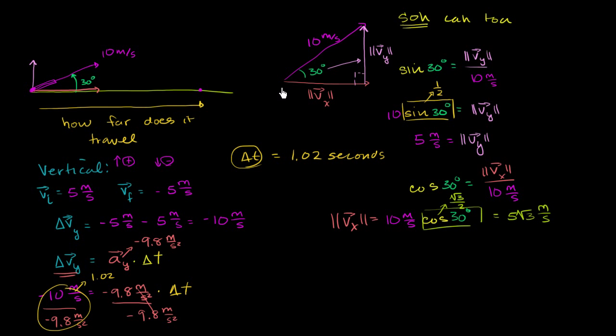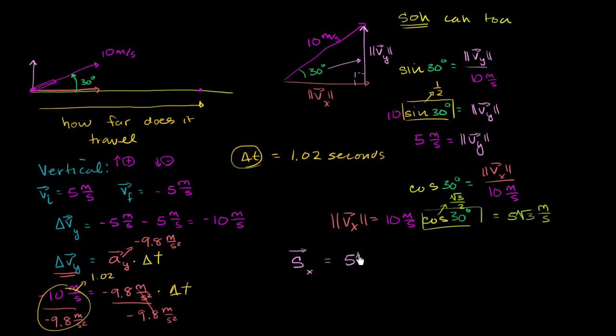So if I want to figure out the entire horizontal displacement, let's think about it this way. The horizontal displacement, that's what we're trying to figure out. The horizontal displacement, S for displacement, is going to be equal to the average velocity in the x direction, or in the horizontal direction. And that's just going to be this 5 square roots of 3 meters per second, because it doesn't change.